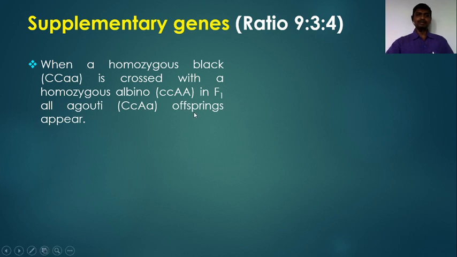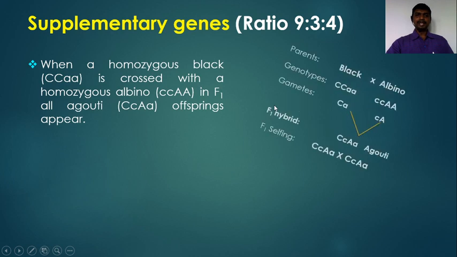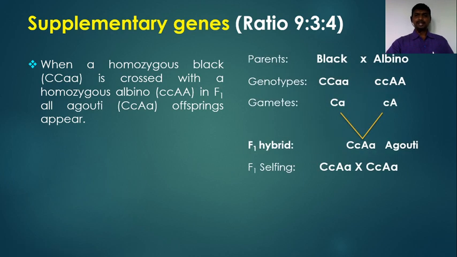So when a cross is made between black and albino mice, the genotype of the black mouse is capital CC small aa, while the albino mouse has genotype small cc capital AA. The gametes produced by the black parent are capital C small a. The albino parent produces the gametes small c capital A.